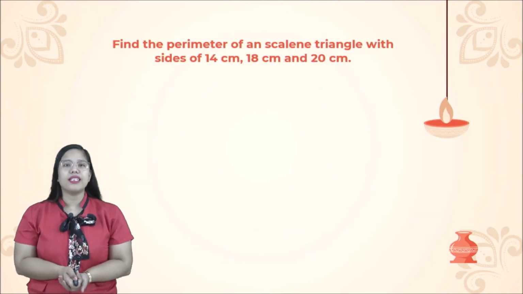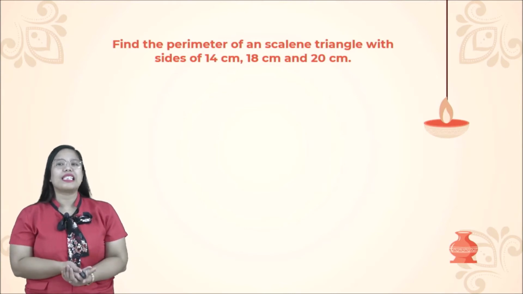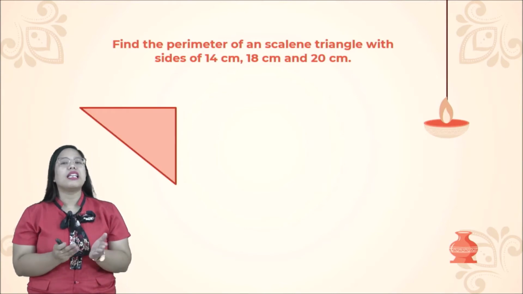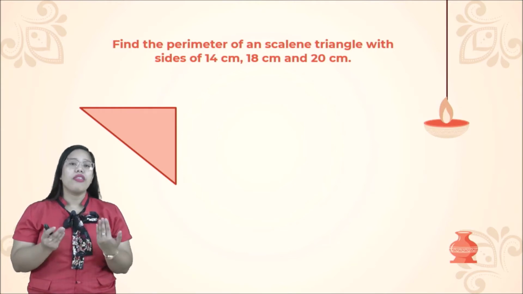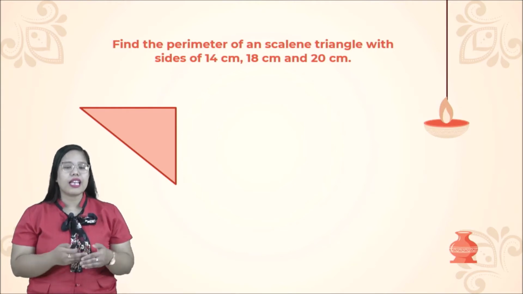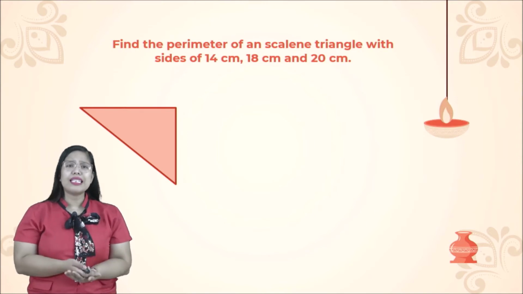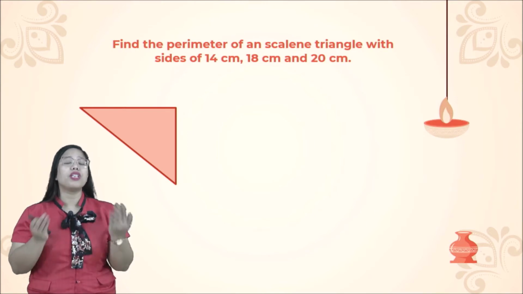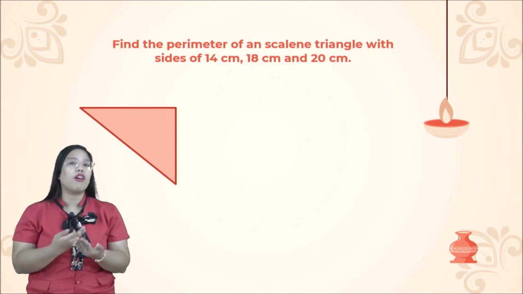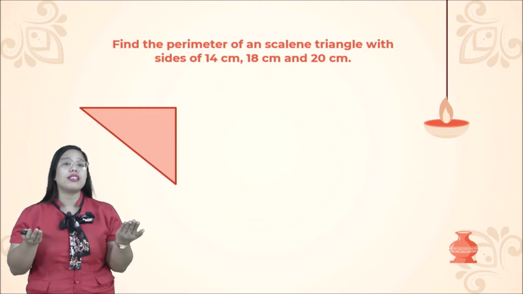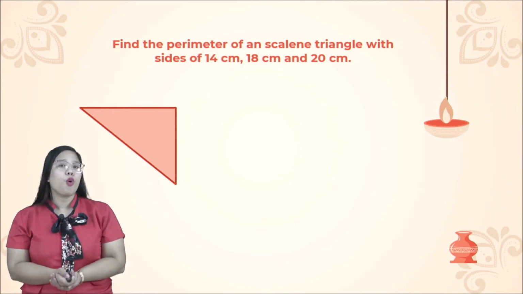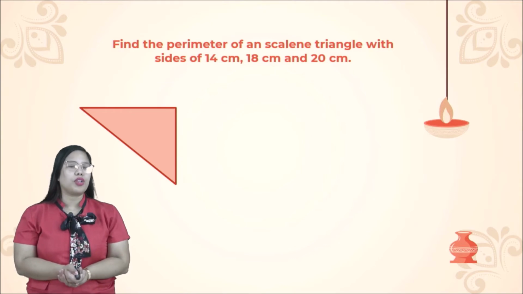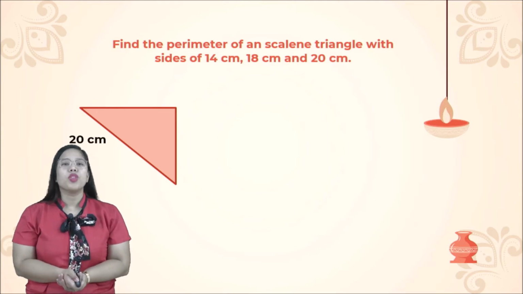Next one, kids, we have now scalene triangle. This is an example of scalene triangle, and all of us know that scalene triangle doesn't have the same sides, or the measurement of all of the sides of a scalene triangle is not equal. In our example, the sides are 14 centimeter, 18 centimeter, and 20 centimeter.